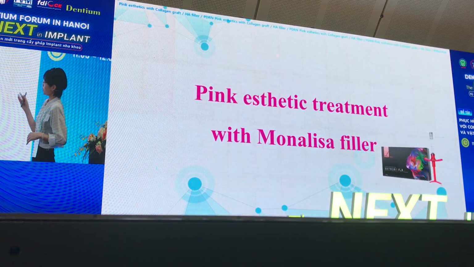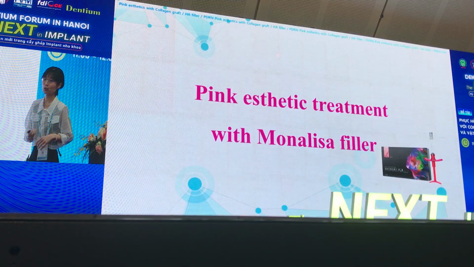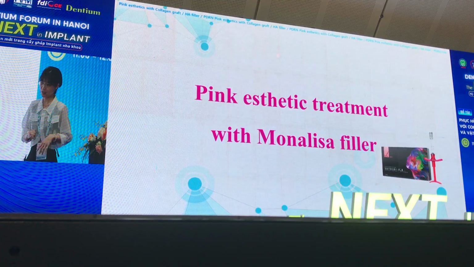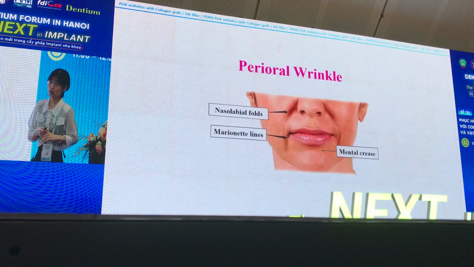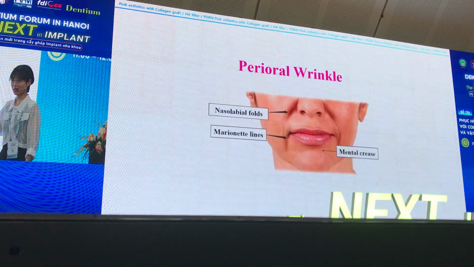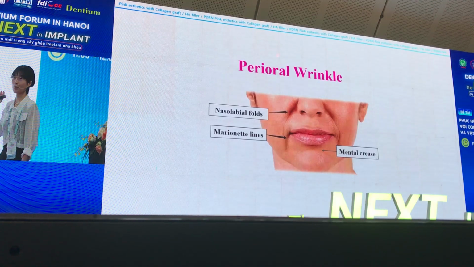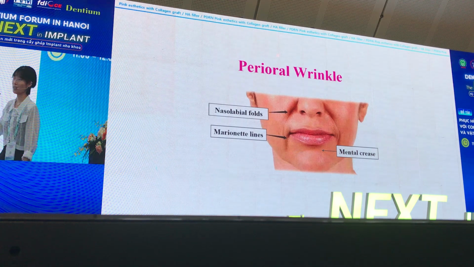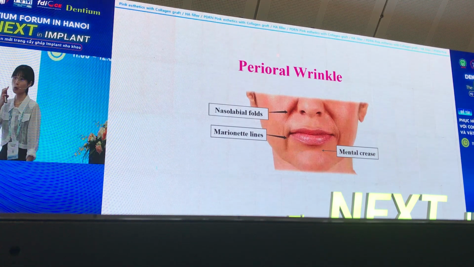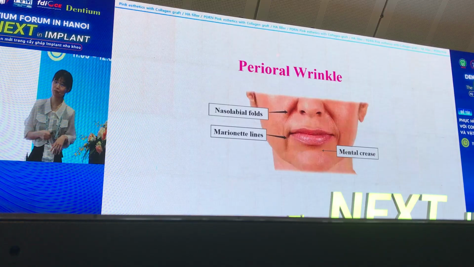And let's move to part 2, that is the pink acid treatment with Immunoreja HA filler. The period ring makes us the old face, right? It contains the nasolabial fold and the marionette line and metacrist.